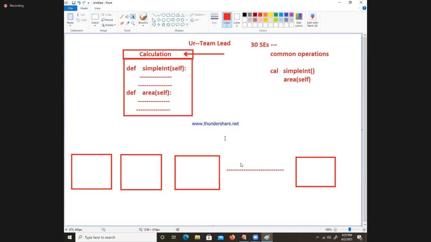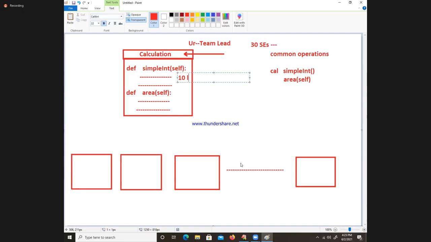Then already you defined the calculations. The simple interest function you defined, 10 lines of code, for example, and you spent 5 minutes. And you defined here some 5 lines of code, and you spent 2 minutes.